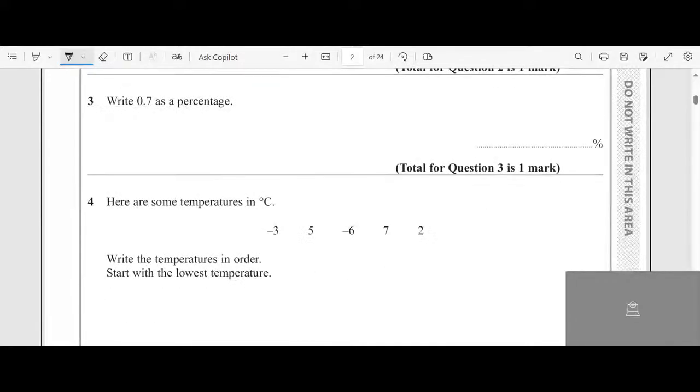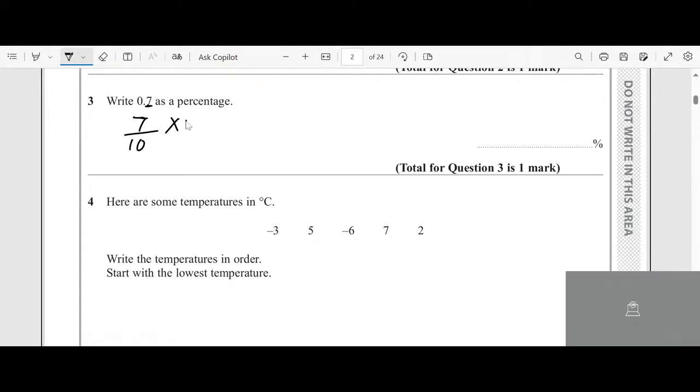Now question 3: write 0.7 as a percentage. If you are quick in mathematics, just multiply directly or write the answer offhand. But if you want to do some small working, convert this first to a fraction, which is 7 over 10. Why 10? After the decimal point we only have one number, so we replace it by 10.